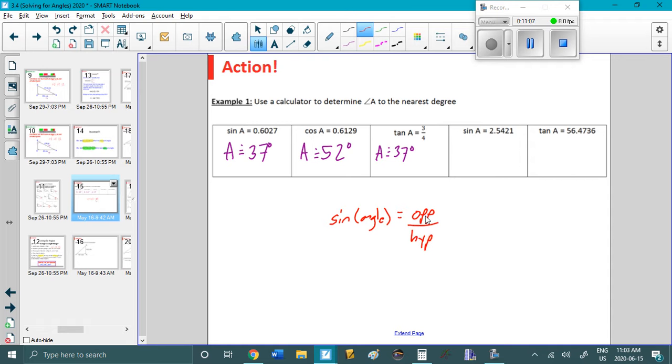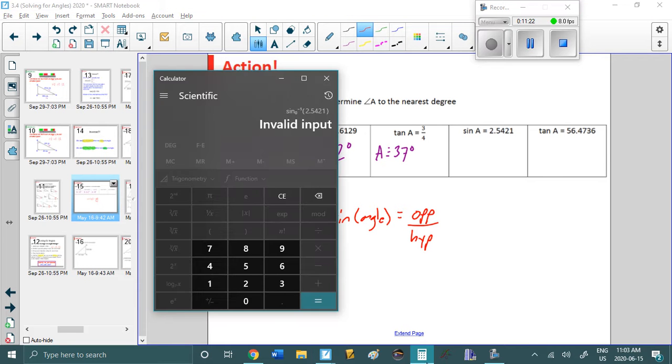Now let me ask you, which one of these numbers is always bigger? Is the opposite always bigger, or is the hypotenuse always the biggest side? Hopefully you remember that the hypotenuse is always the biggest side. If you have a number divided by a bigger number, so let's do 3 divided by 6, 0.5. 3 divided by 2.